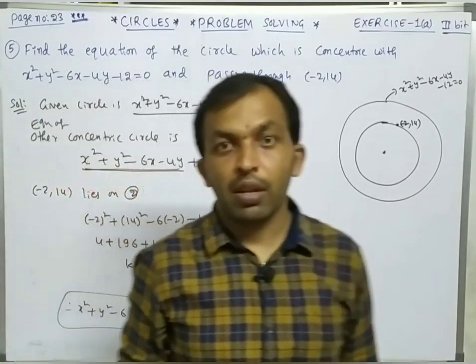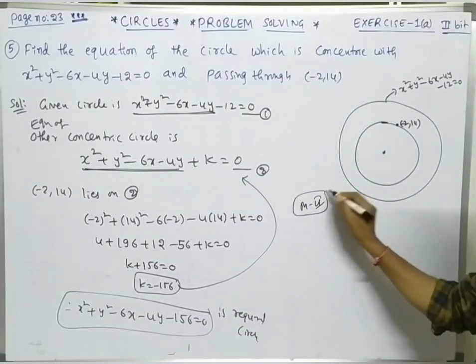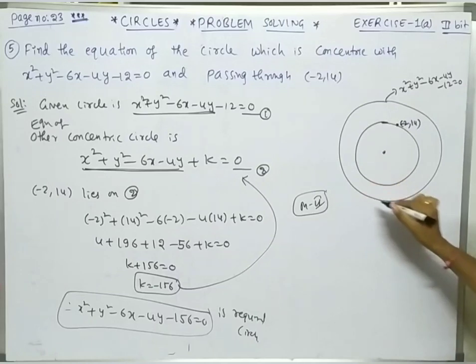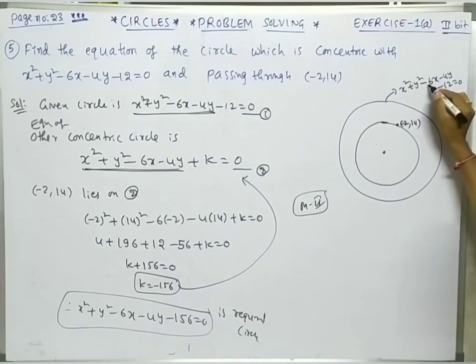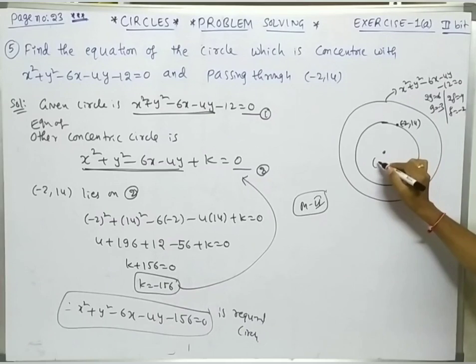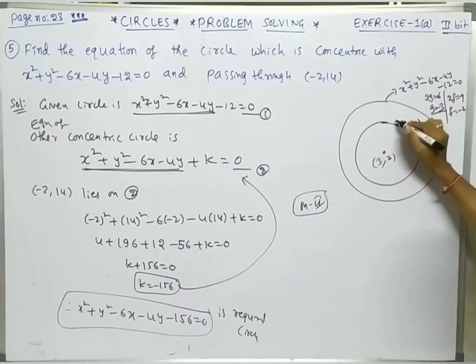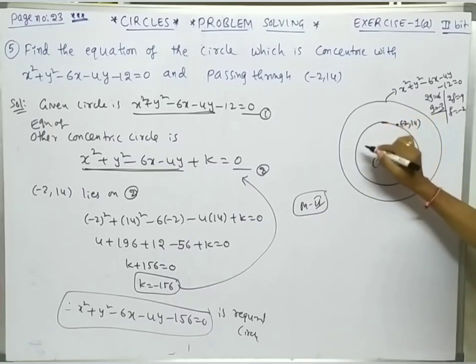This is one method, and method 2 is, this is the circle. So 2g is minus 6, g is equal to minus 3, 2f is minus 4, f is equal to minus 2. Therefore the center is minus g comma minus f. Minus g means 3, minus f means 2, right? Now we should find the equation of the circle.